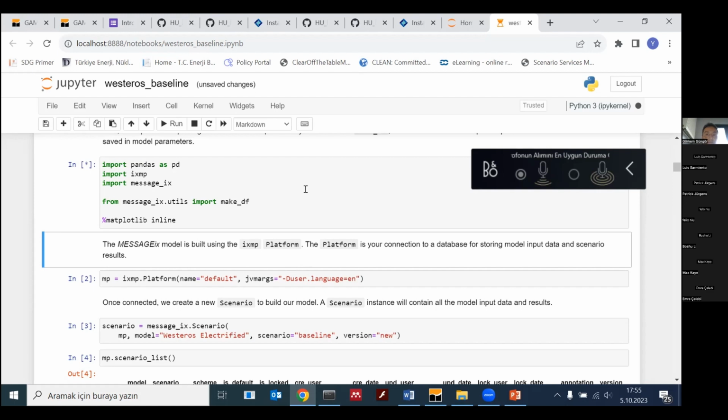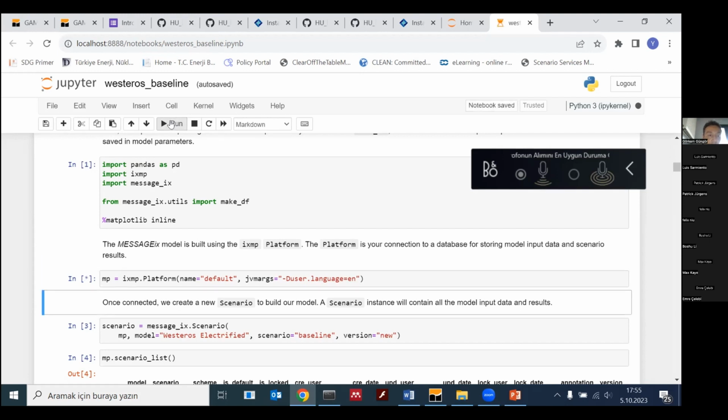It takes some time on my computer. When the star is gone and when we have a number, it means that the cell has completed running. And we continue one by one.